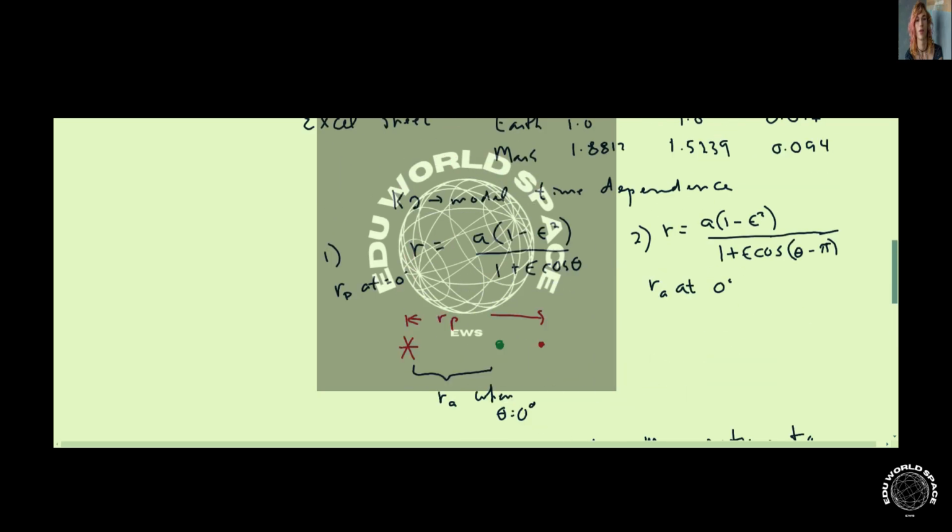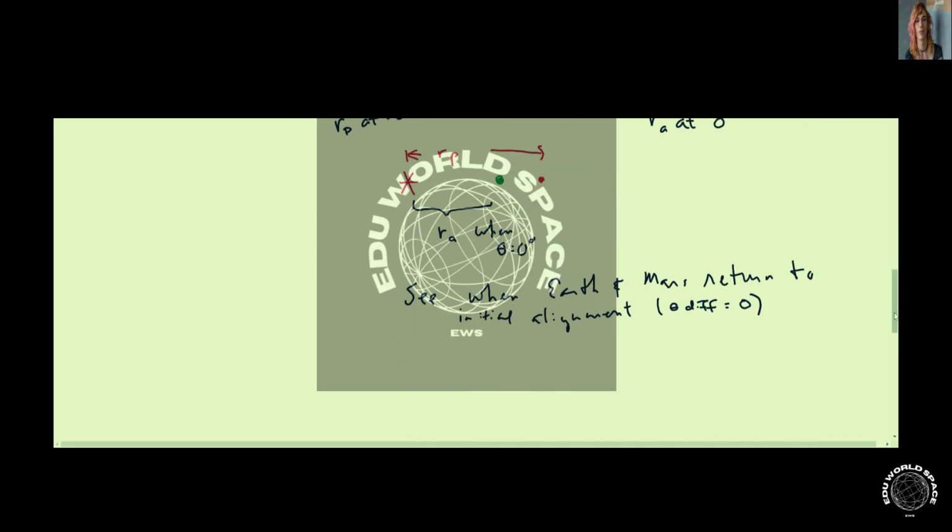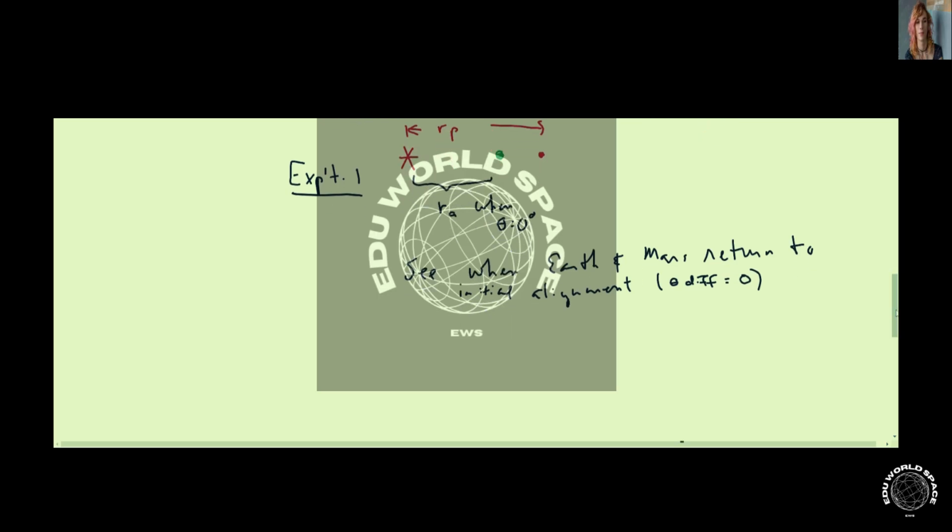And what I found was the following. This first experiment, we'll call this experiment 1. What I found is that at t equals 0, they were, of course, at opposition, and the difference in the distances from the sun was 0.3637 astronomical units.